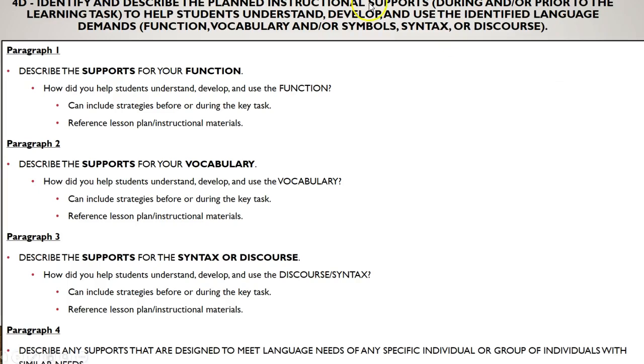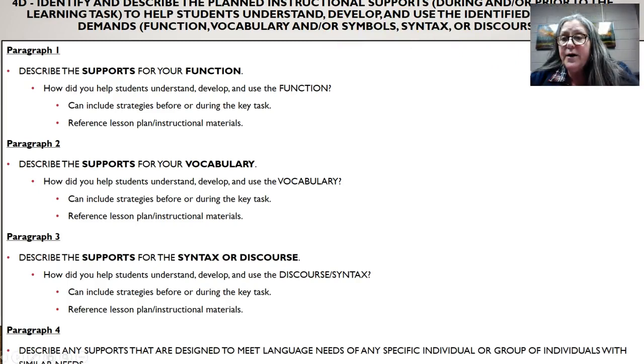It's instructional strategies, or support that you did to help them develop. So anything that you did in the lesson or before the lesson to help students understand, develop, and use the identified language demands, function, vocabulary or symbols, syntax or discourse.